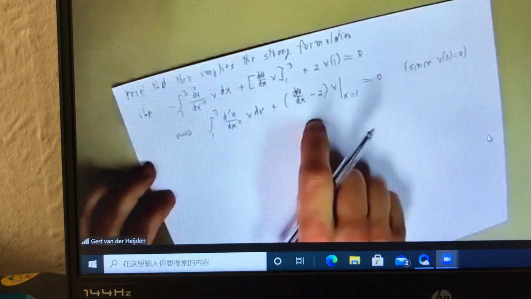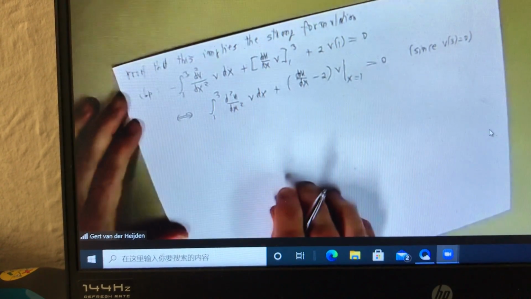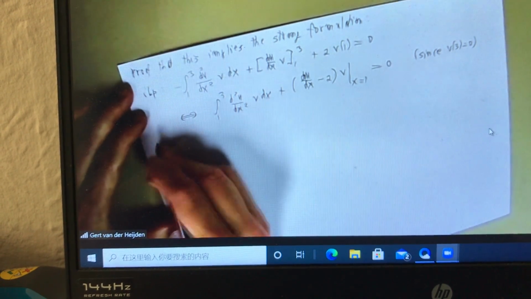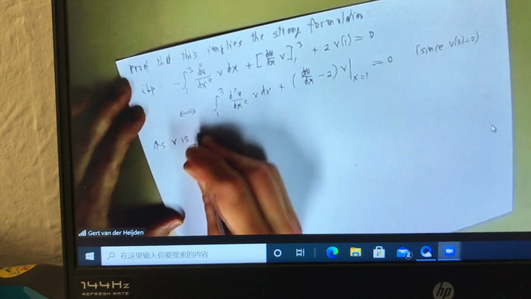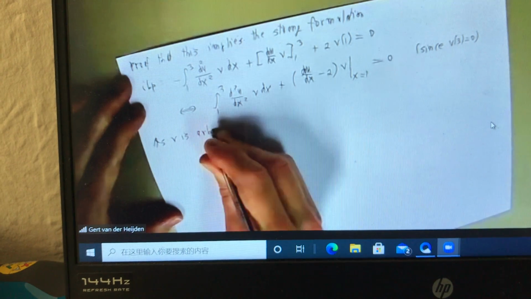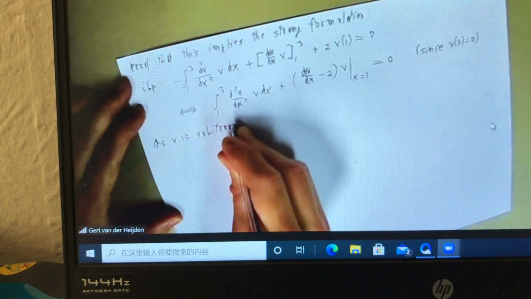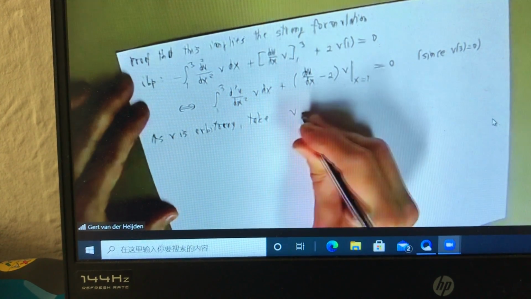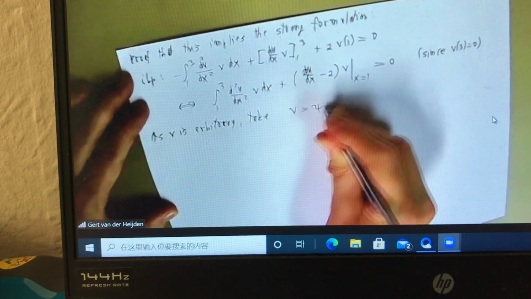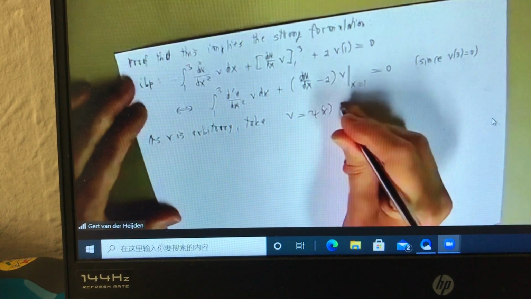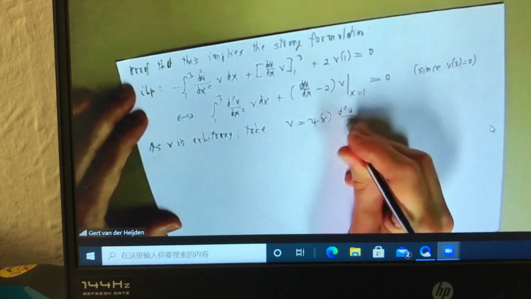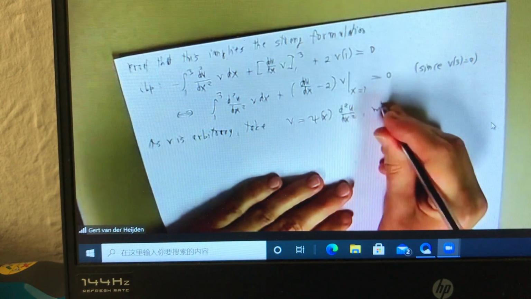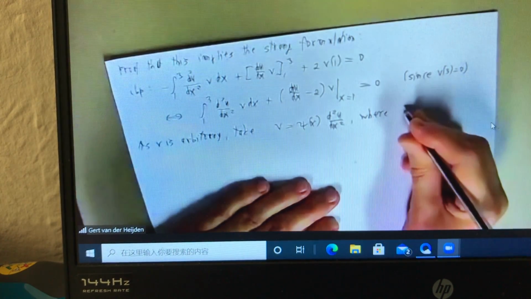Because this must hold for all v, we can take a particular choice. As v is arbitrary, choose the following. Take v equals some function psi of x, which I'll say what it is, times the second derivative of u. What do we choose for this psi function?